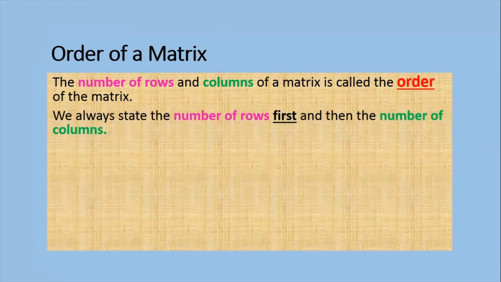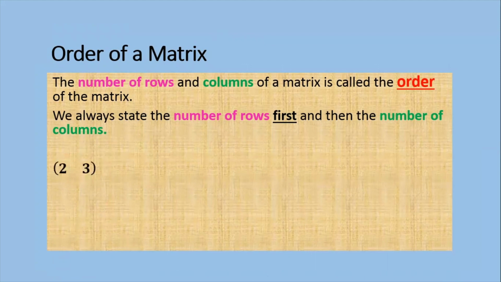Now, when we talk about the order, we always state the rows first and then the columns. This is by convention. You never state the columns and then the rows. It's always the rows and then the columns.